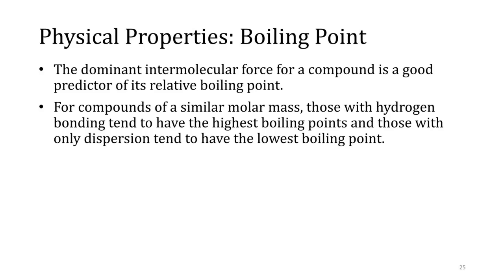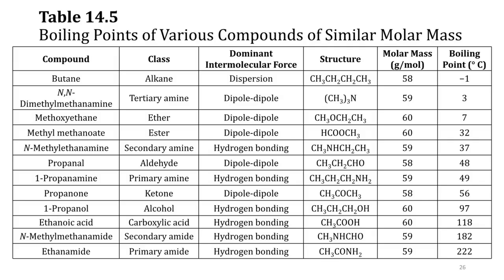So, kind of reviewing and getting an overview on boiling points. The dominant intermolecular force helps us to predict that. And so hydrogen bonding is the most important, and after that are dipolar forces and then dispersion forces.